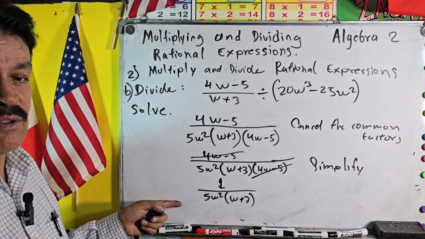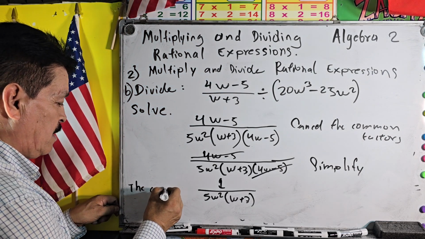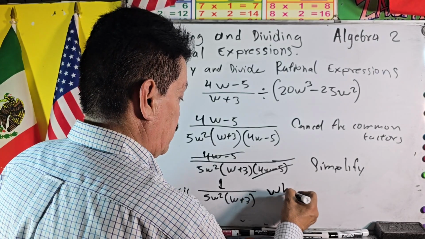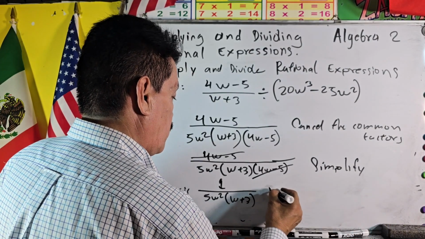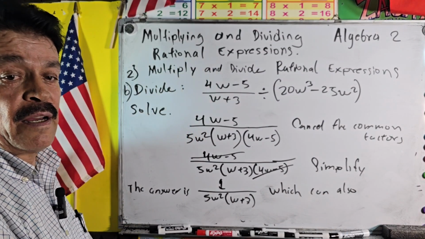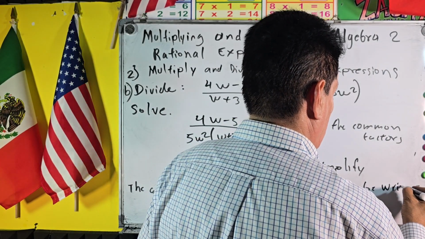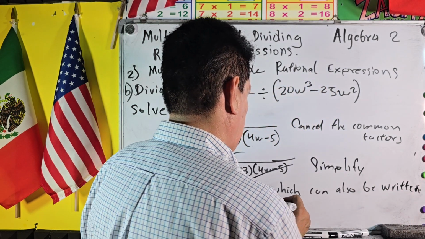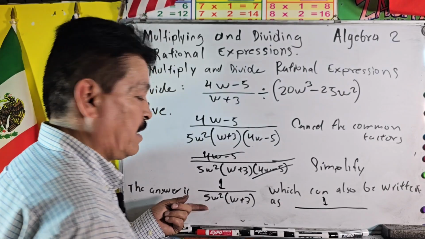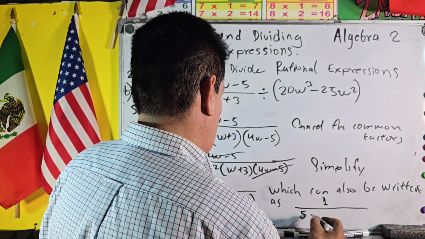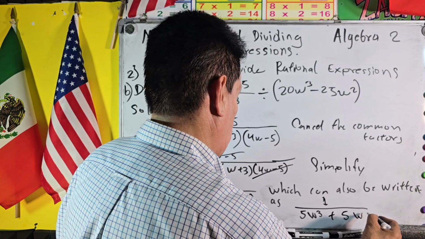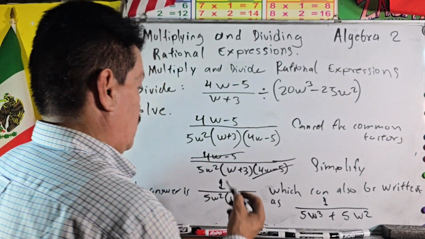So this is the answer. But we are also able to write the answer the other way, as 1 over, if we multiply everything, 5 times w to the third power plus 15w to the second power.